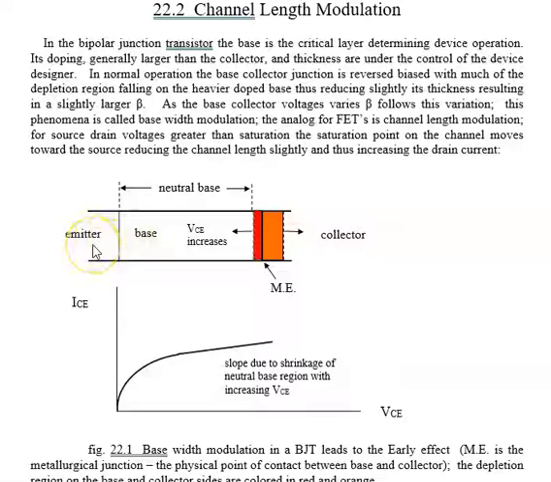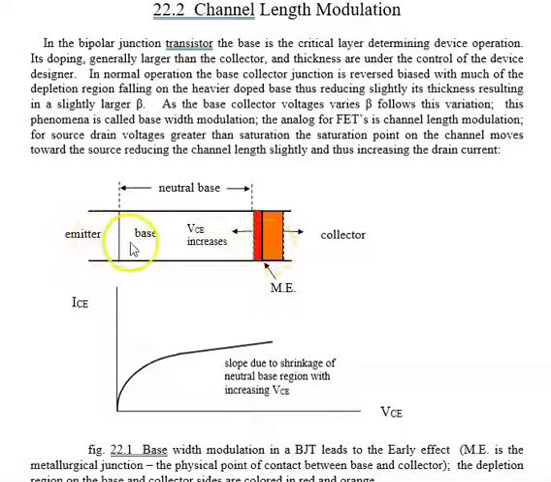The emitter is biased positively, so we push holes into the base, and then those holes are pulled at the base collector junction by the high reverse bias at the base collector junction.